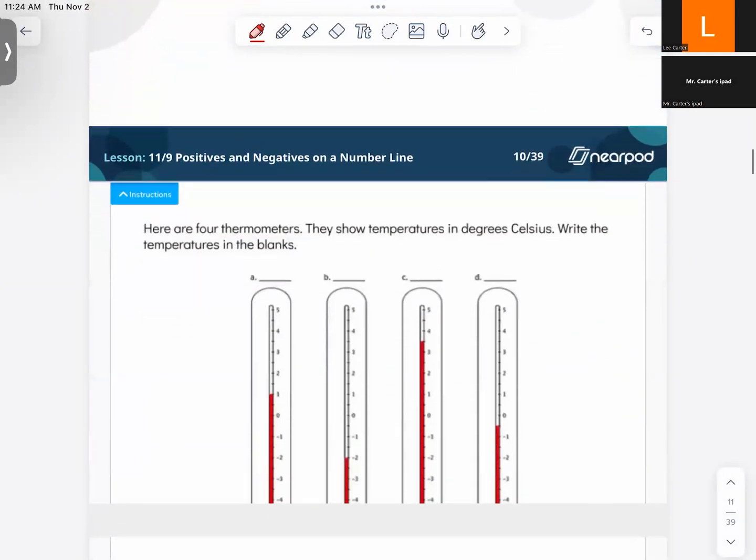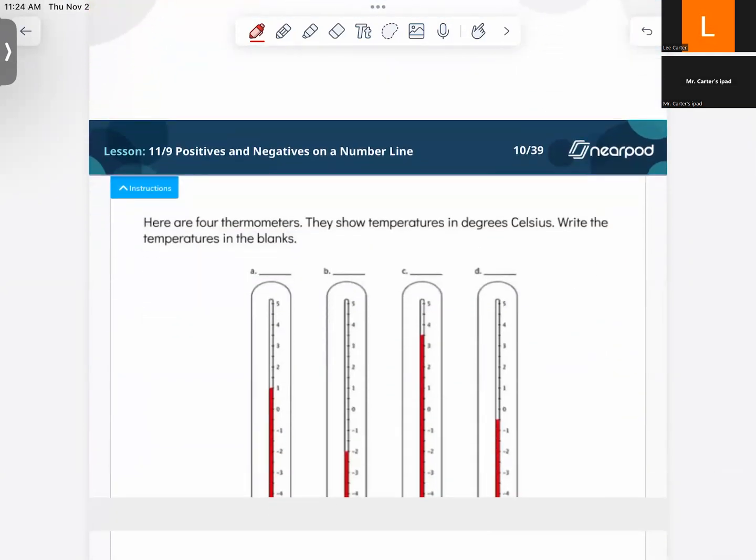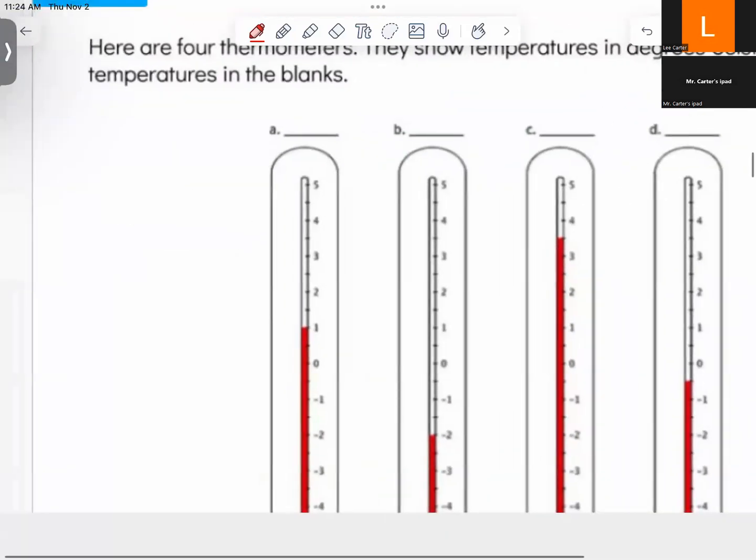All right. Next one. Here are 4 thermometers. They show temperatures in degrees Celsius. We need to write the temperatures in the blanks. Okay. So 0 is right in the middle. Right. And then this first one is 1 above. So that's +1. Okay. This one is below 0. So you notice this is -1, -2.